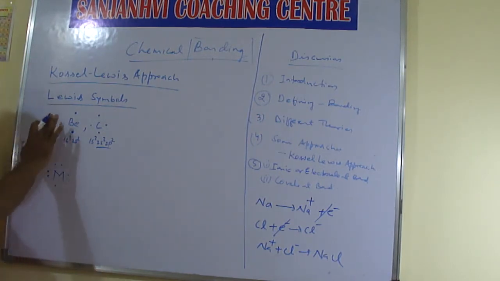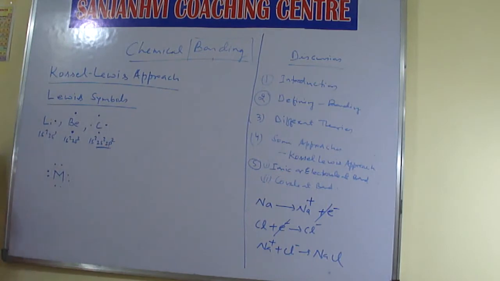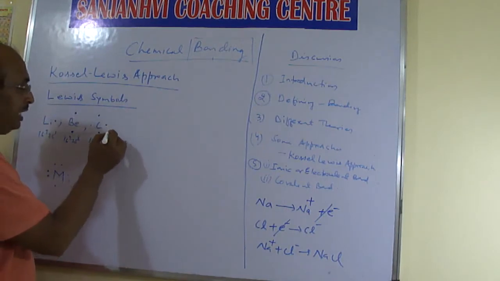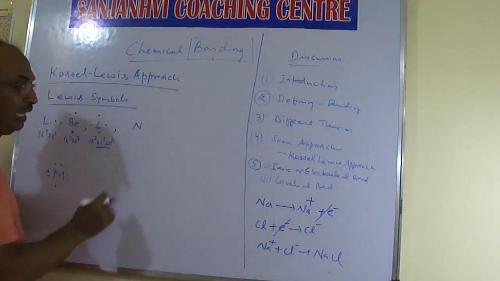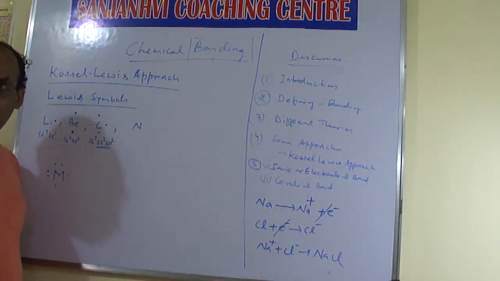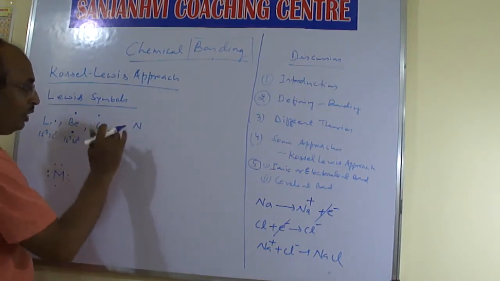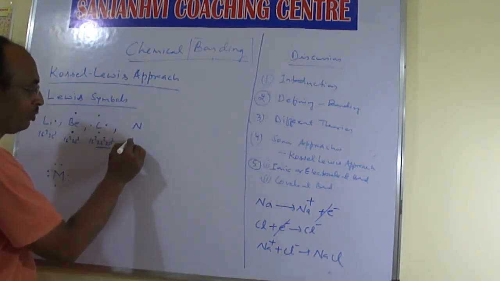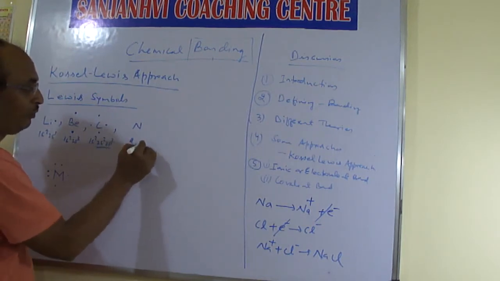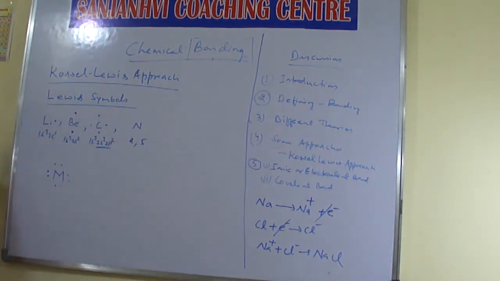So when you represent using Lewis symbols, if 4 electrons are there, first place single dots. Then if more electrons are there, go for pairing one by one. How? We will see here. Nitrogen has 7 electrons, so 2 in the innermost shell and another 5.